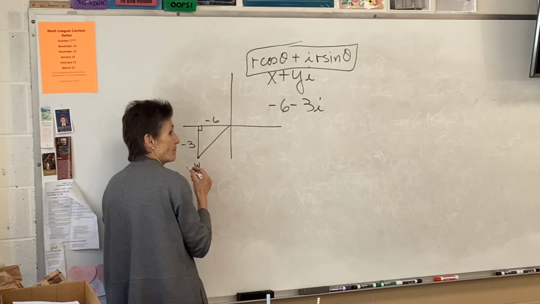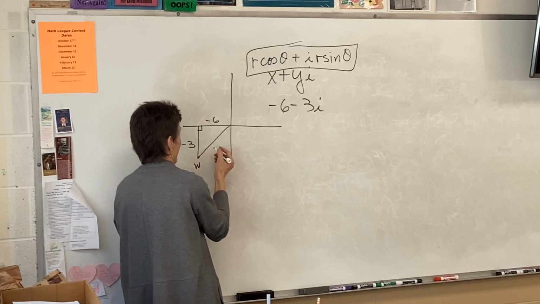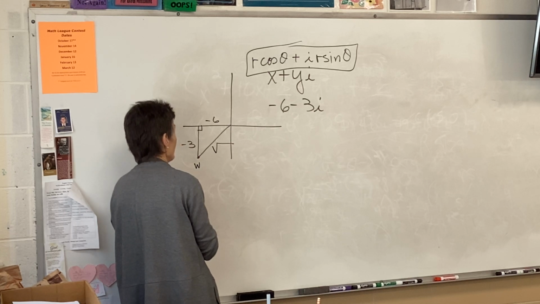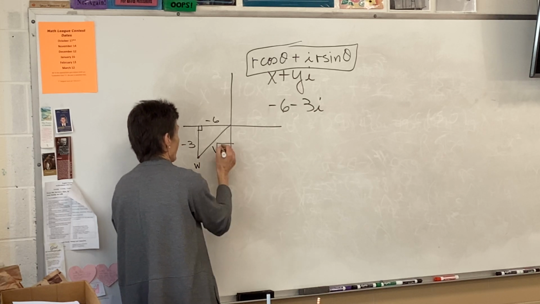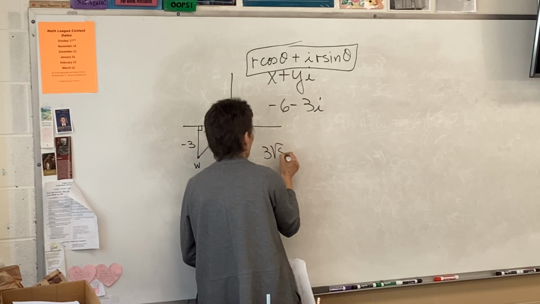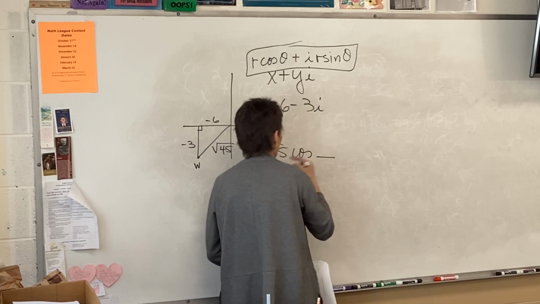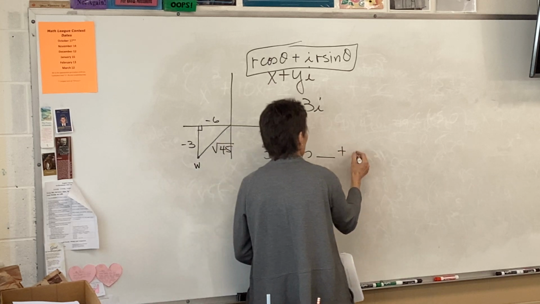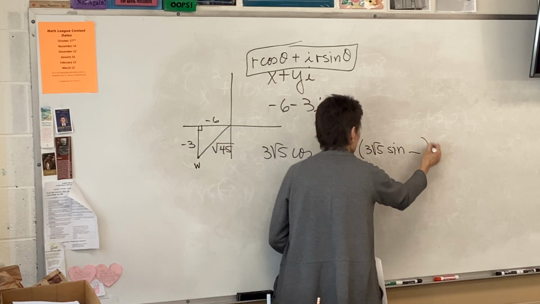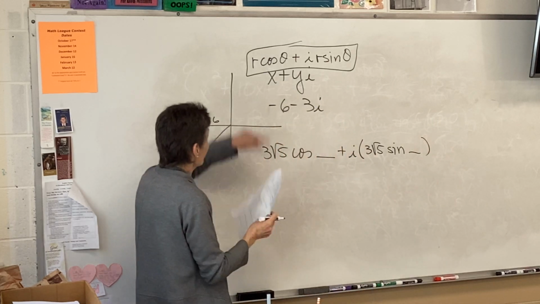What's my R? The square root of 45 or 3 root 5. So 3 root 5 cosine something, I haven't figured out what that is yet, plus i, 3 root 5 sine something. This is your polar form.